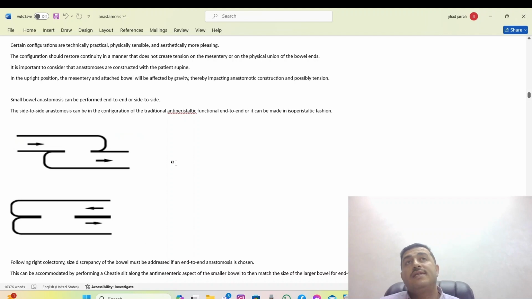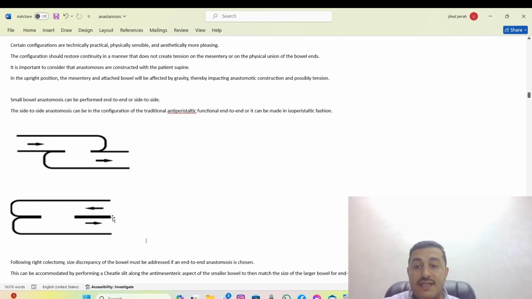This is what we call isoperistaltic. What's nice to remember about isoperistaltic is that it needs less mobilization of the proximal limb when we compare it to the antiperistaltic. Sometimes it's preferred when we want to attach, for example, the ileum to the distal third of the transverse colon; it's recommended to use isoperistaltic.